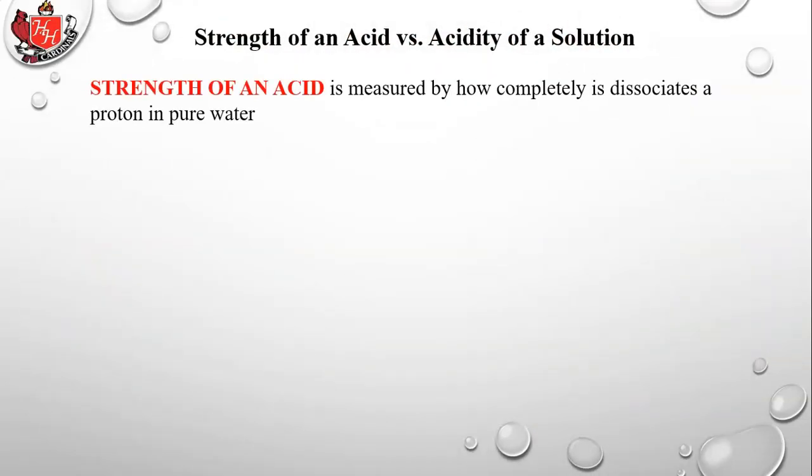So we're going to review a few concepts, some of the things that we maybe haven't talked about since before even the break. Okay, so strength of an acid versus the acidity of a solution. The strength of an acid is measured by how completely it dissociates a proton in pure water.